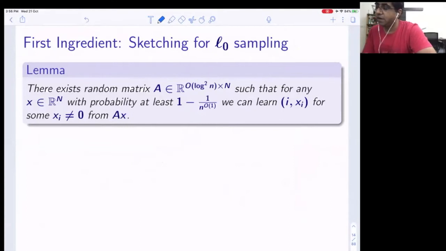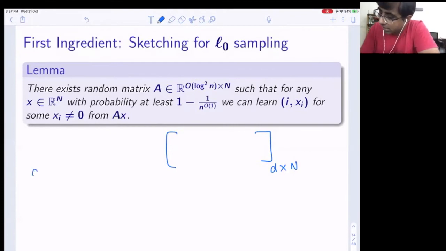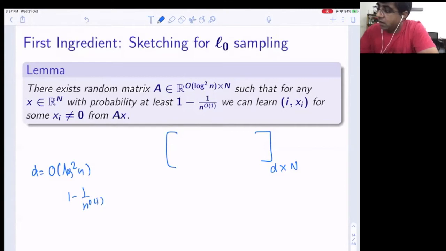There is a random matrix A whose dimension is d cross n, where d is roughly order log squared n, so that for any x in R to the power n, with probability at least 1 minus 1 over poly n, we can learn i and x_i for some x_i not equal to 0 from Ax.